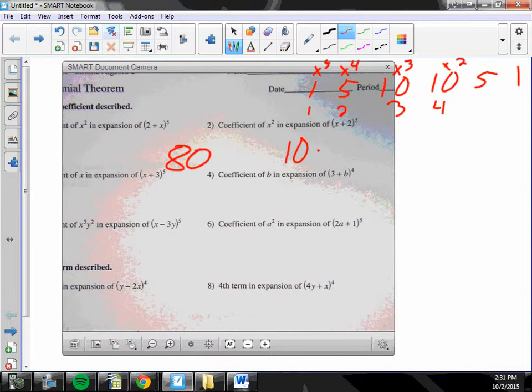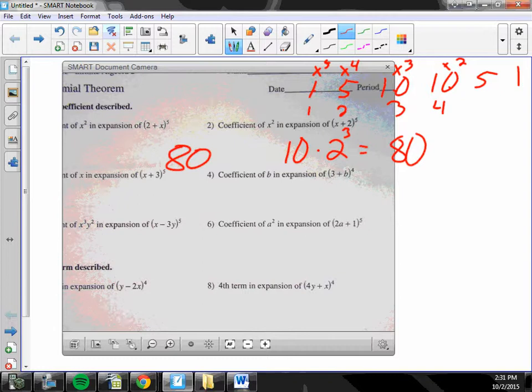Do I need that? No, because we're just doing coefficient. Times 2 to the 0, 1, 2, 3. 2 to the third, which happens to also be 80. It's the same problem as number 1, so if you're looking for the x squared term in both, they're going to be the same number.